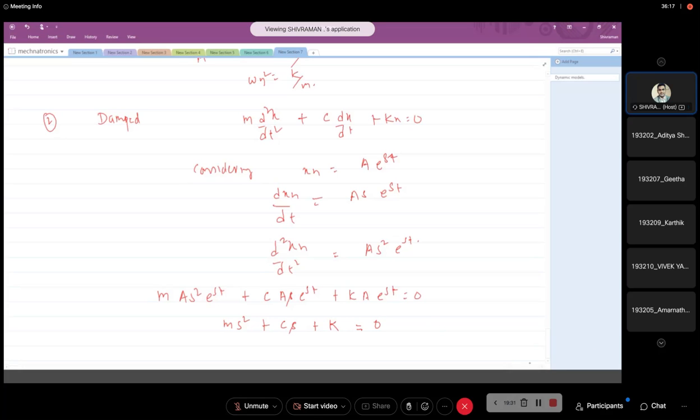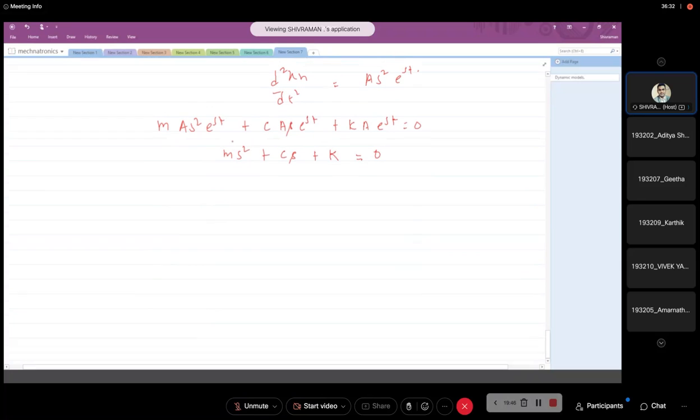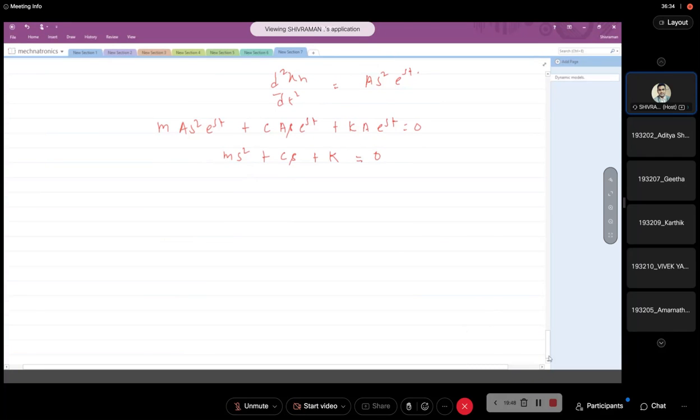So this type of equation you will get. When we cover Laplace transform in coming classes, you will understand how this equation came. So instead of that assumption, you can directly consider this equation, that is ms squared plus cs plus k.